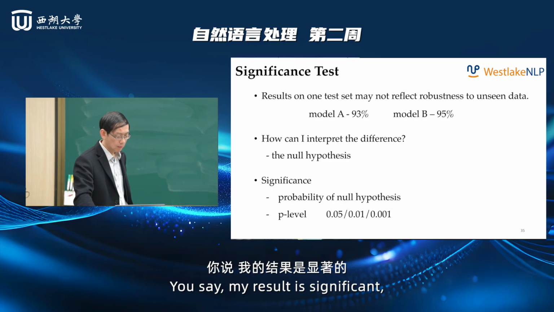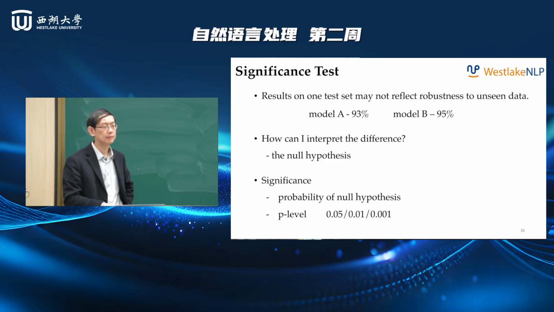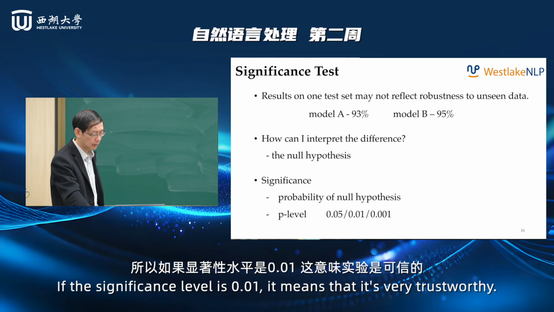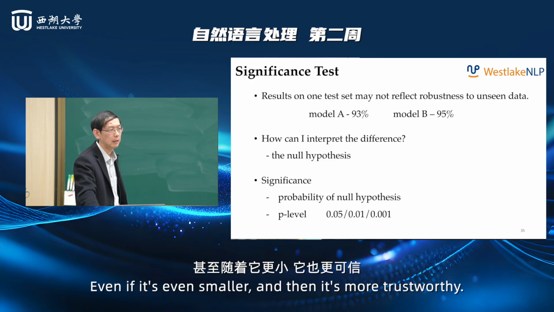You say my result is significant at the p level of 0.01, for example. Normally you report your result in this way. If the significance level is 0.01, it means that it's very trustworthy. Even if it's even smaller, then it's more trustworthy.